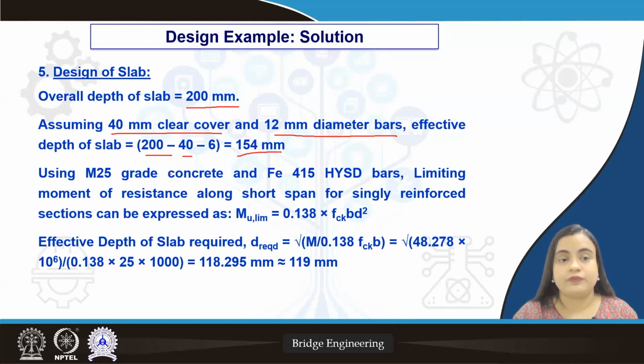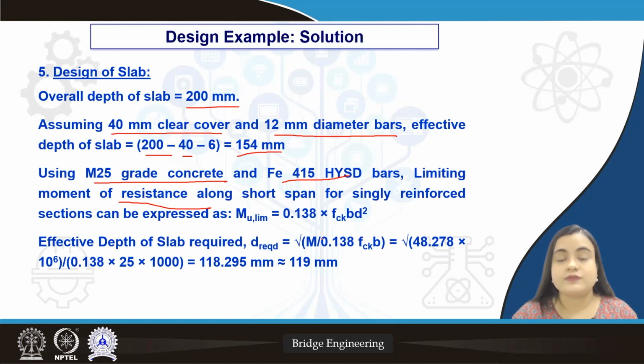Now, if we use M25 grade concrete and Fe415 HYSD bars as prescribed in the problem statement, the limiting moment of resistance along the short span direction for singly reinforced sections will be 0.138 fck b d square. And effective depth of the slab required can be obtained by rearranging the terms.